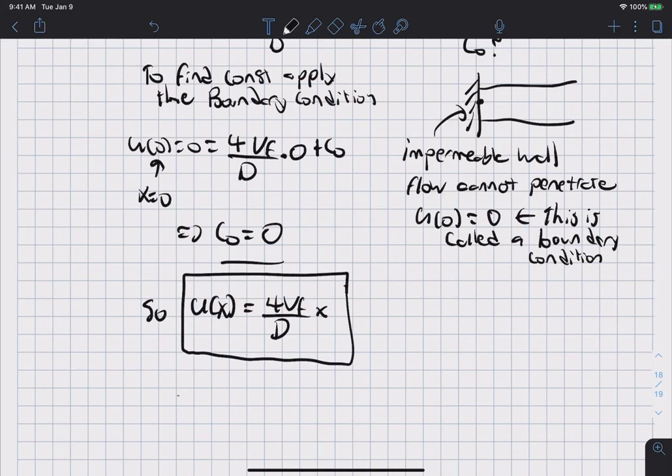And for part of your homework, you guys will work with conservation of momentum to find P of x. Okay, and here you need to think about the boundary condition and how I very carefully labeled the free jet that's leaving the end of the tube.